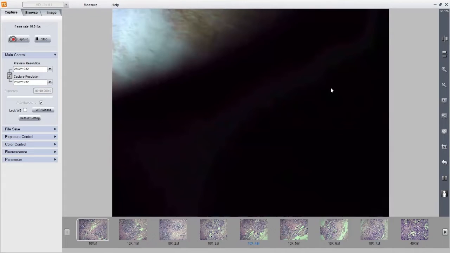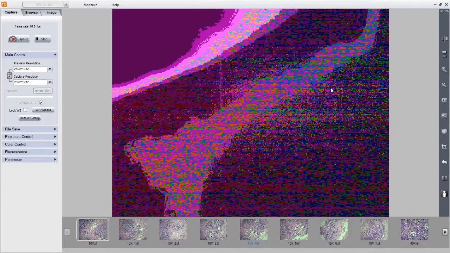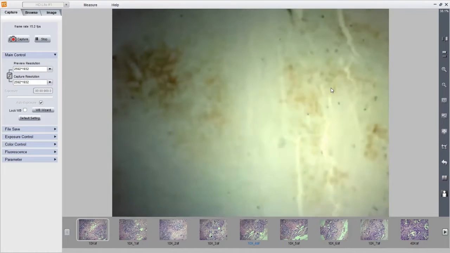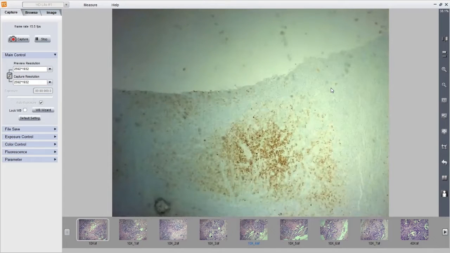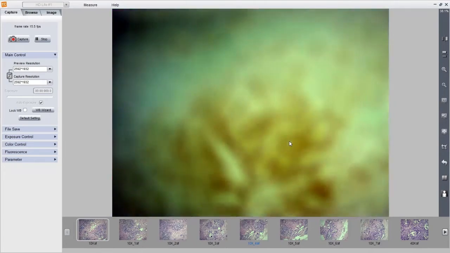Now coming on to CD30. Yes, CD30 has beautifully highlighted the large cells, and it's in clusters. And what is the pattern of CD30 staining?